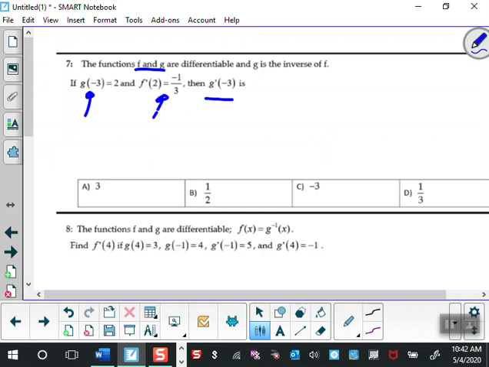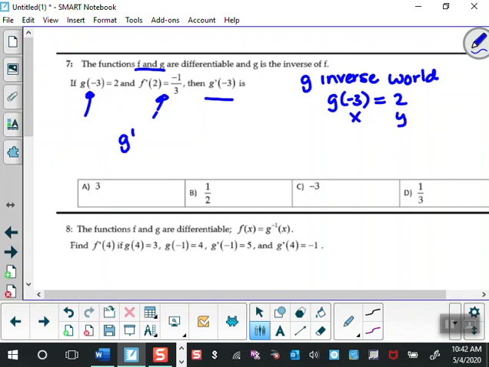If g is inverse world, g at -3 is 2. That's the x, that's the y. Then the derivative of g at -3 would be 1 over the derivative of f at 2. You have to know the shortcut relationship.